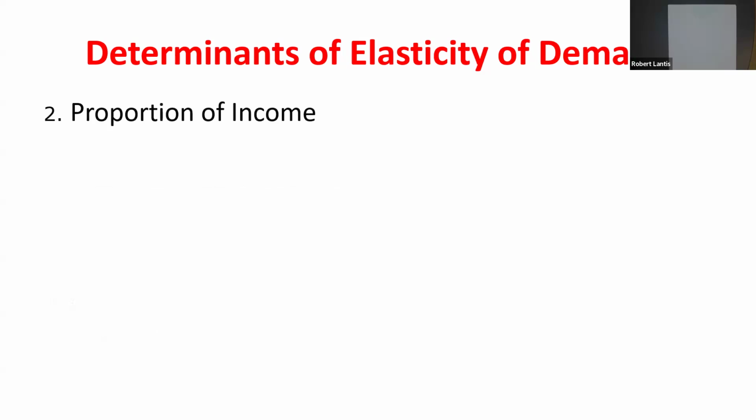The next thing is going to be proportion of income, right? So if I'm spending a large amount of my income on something, let's say I'm making housing decisions, people will get in arguments and not buy a house. They'll haggle over a couple thousand dollars. Now, you might say, well, yeah, it's a couple thousand.